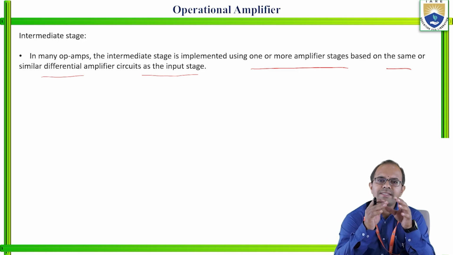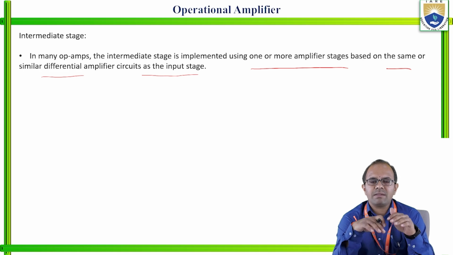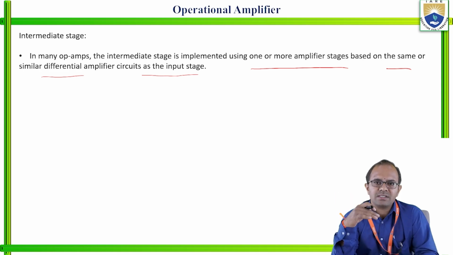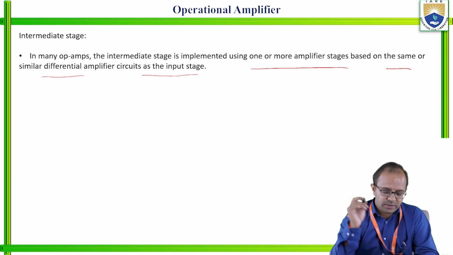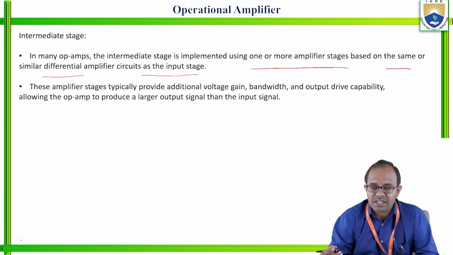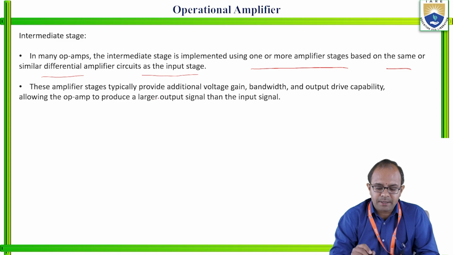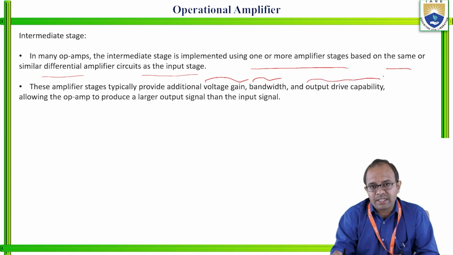The signal is amplified to some level in the input stage, and it is further amplified in the intermediate stage. This may have one or more amplification circuits, and these amplifier stages typically provide additional gain, bandwidth and output drive capability.